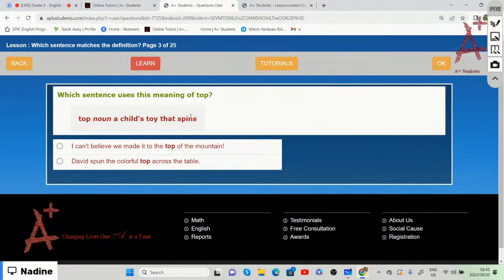So which sentence uses the meaning of top? Top is a noun, a child's toy that spins. Is it I can't believe we made it to the top of the mountain, or David spun the colorful top across the table? So which one is correct? Top of the mountain or playing with your top and spinning it on the table?